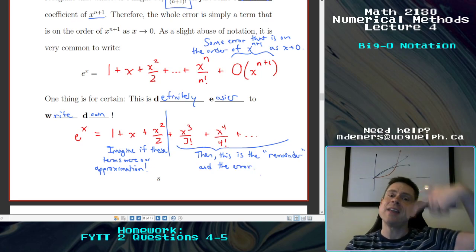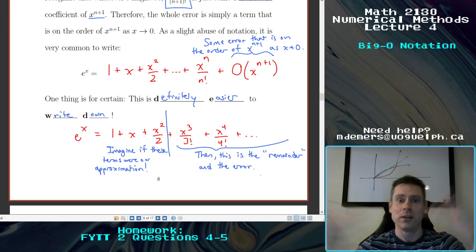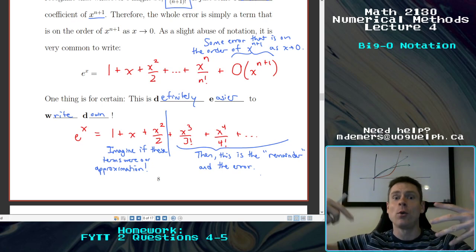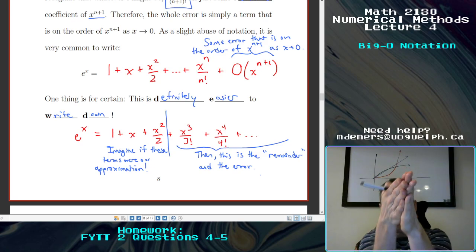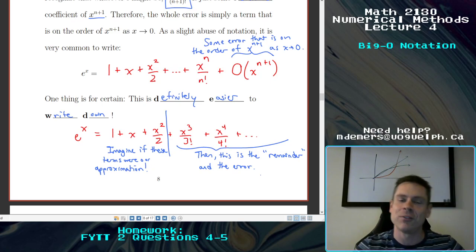And just like in the last example that we did, we have an infinite polynomial of x cubed, x to the 4, x to the 5, and so on. And in the very same way as the example from the last page, this is just on the order of x cubed due to the fact that you can take that remainder infinite polynomial, put it over x cubed, and show that it gives you a constant as x goes to 0.